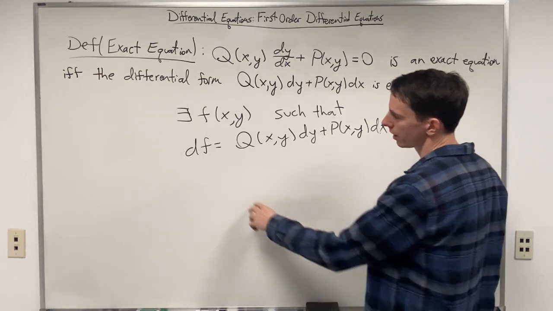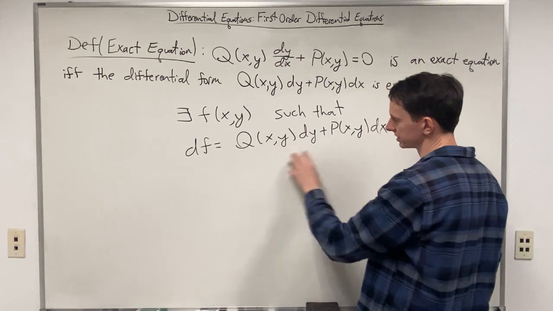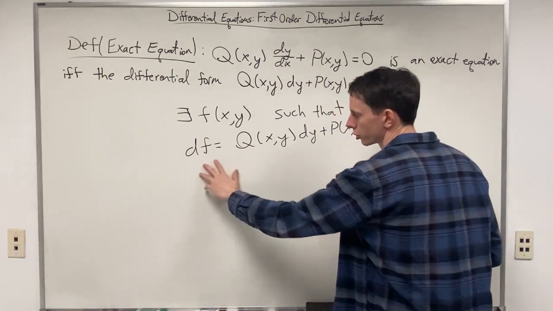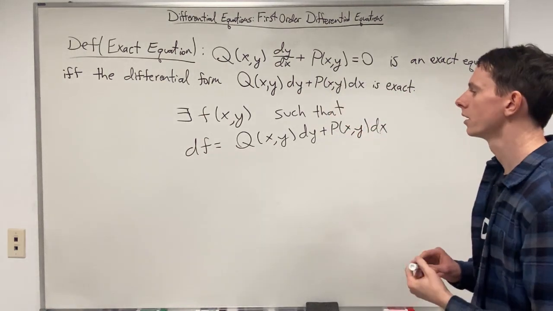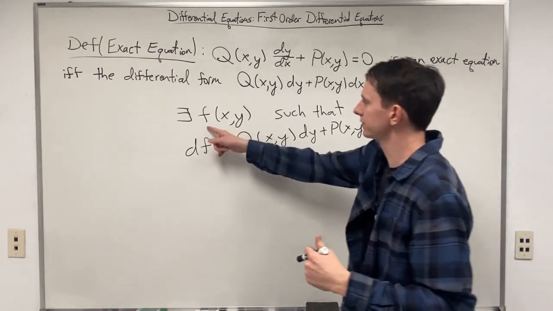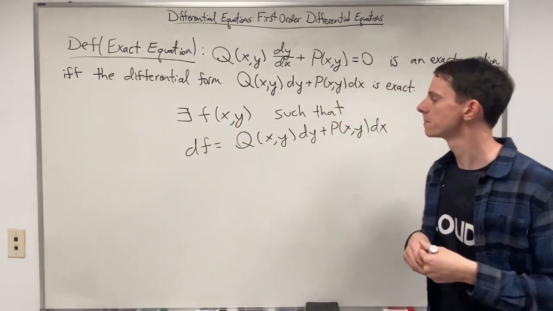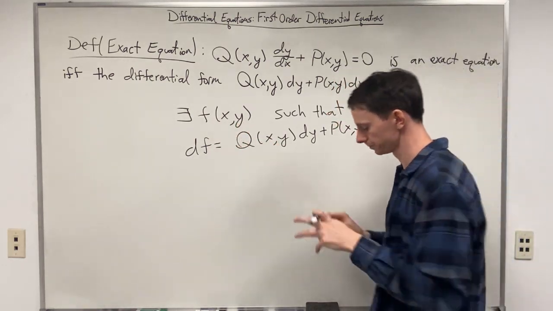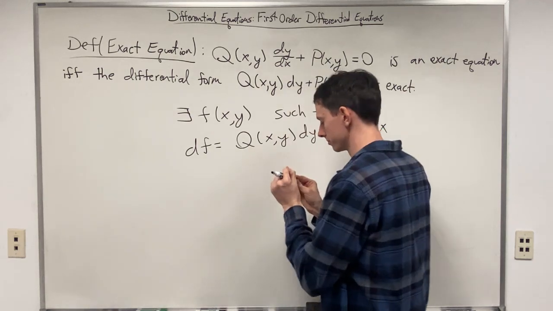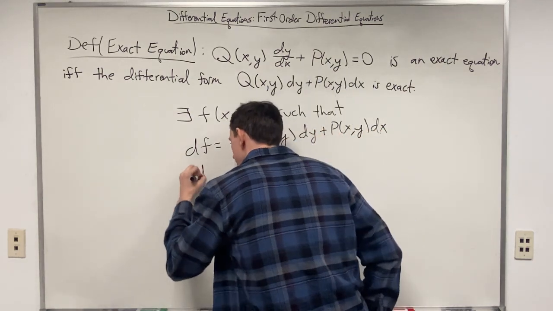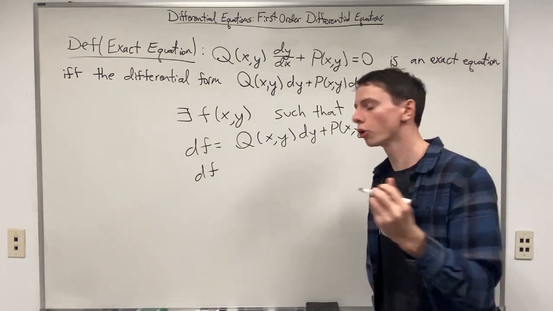So right now, if the differential form is exact, then this equation is true. I also know that because f is a function of x and y, by the multivariate chain rule, the equation that I'm about to write is always true.